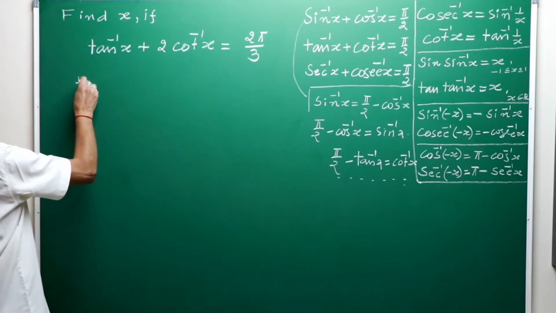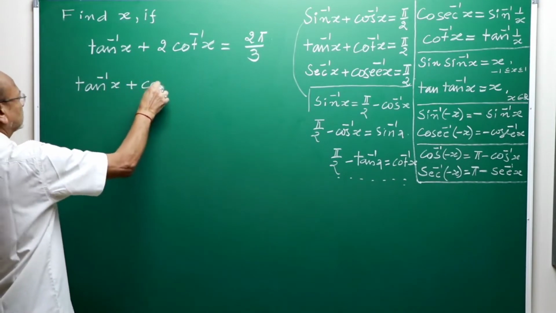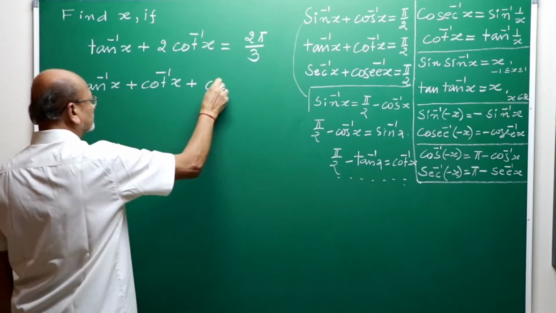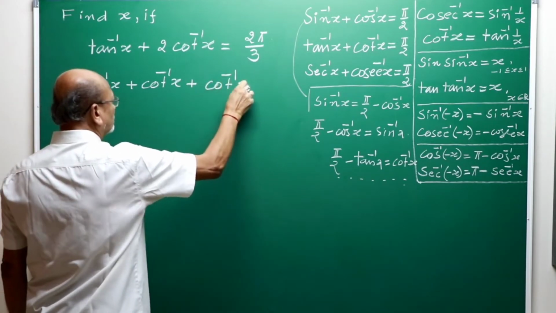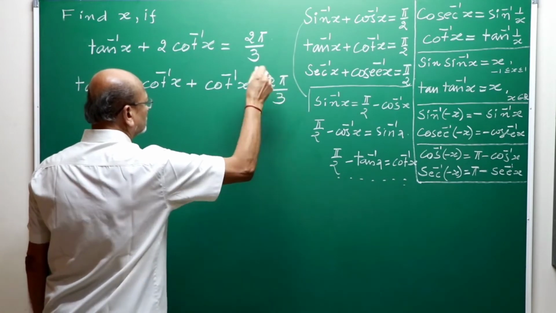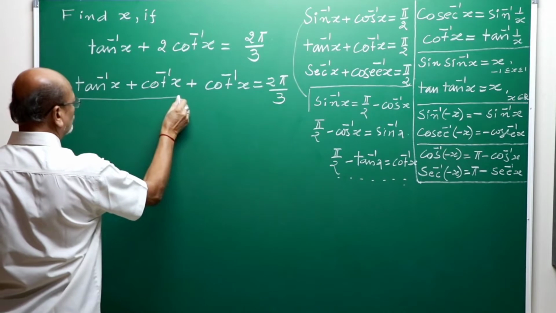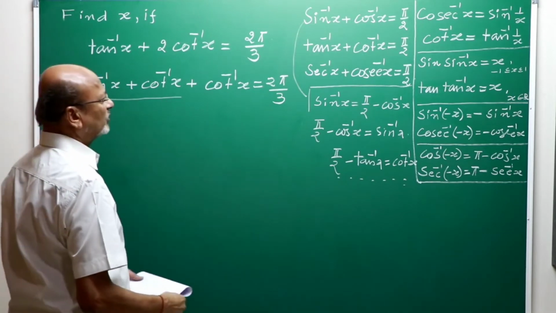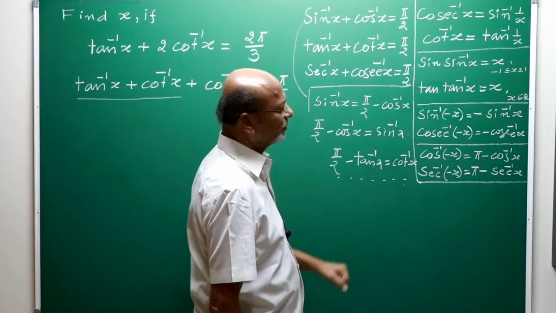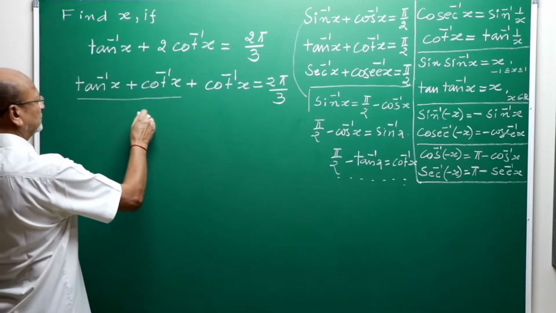This can be written as tan inverse x plus cot inverse x, plus cot inverse x, equal to 2 pi by 3, friend. Now you can make a pair. What is the value of this pair? Tan inverse x plus cot inverse x is pi by 2. Put its value as pi by 2.